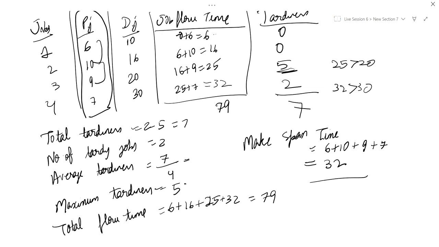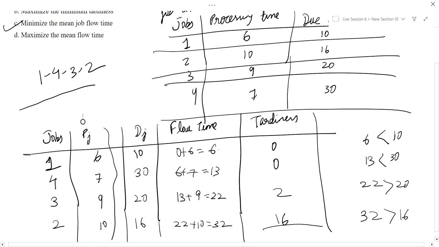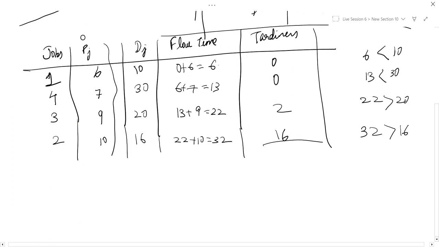If we go to the previous question which we just solved according to the SPT rule, I'll just write down everything. Here total tardiness is equal to 2 plus 16 is equal to 18.